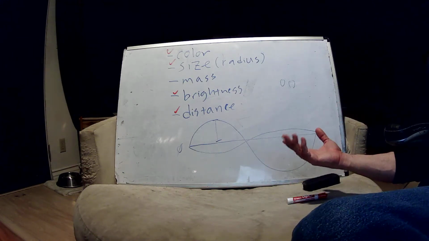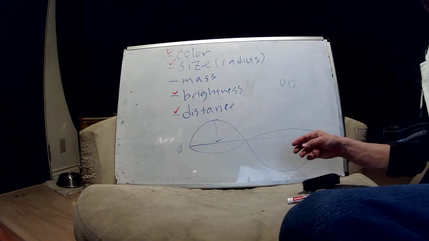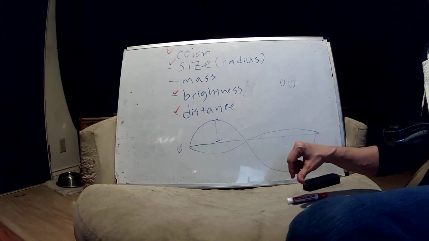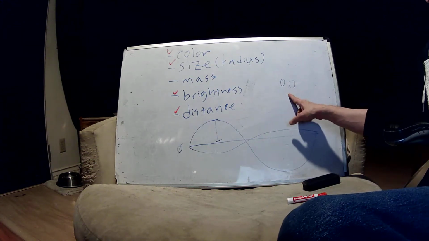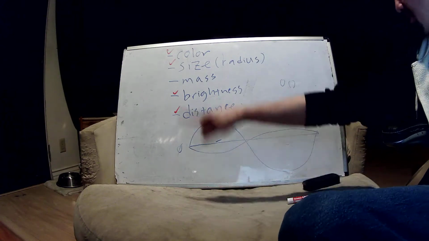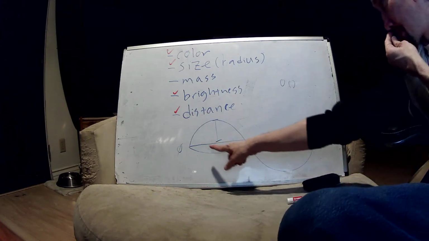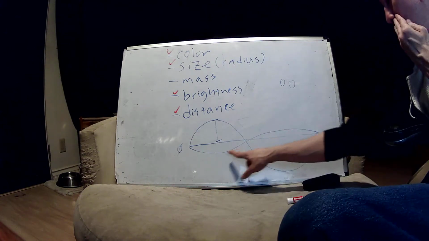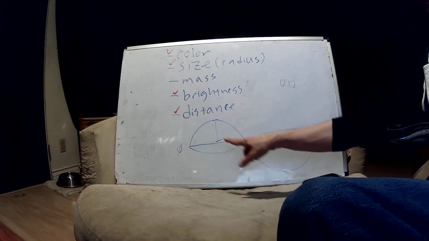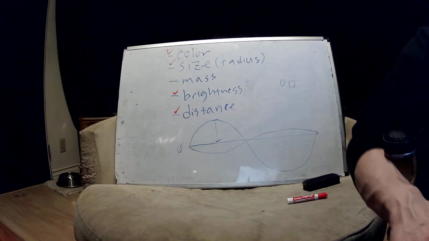Well, that means the star that moves way more has less mass, right? It's being accelerated with the same force, but because it's less massive, it's moving way more. And then the other star has more mass because it's moving less, right?